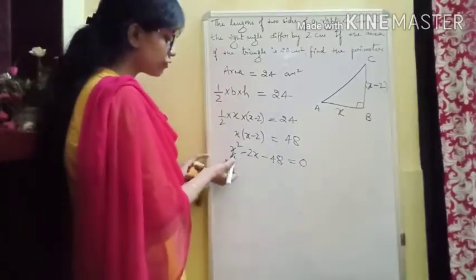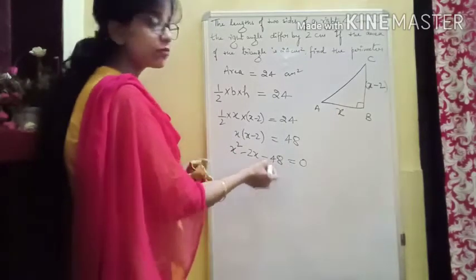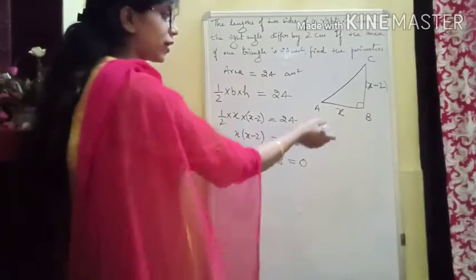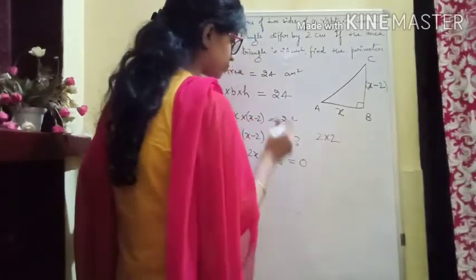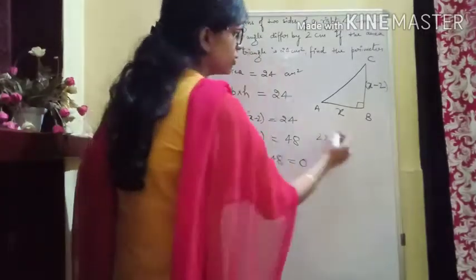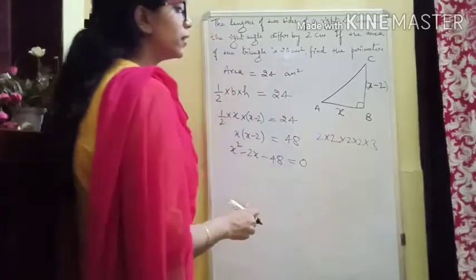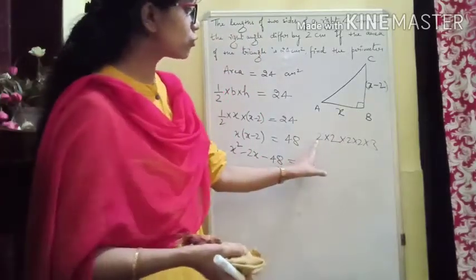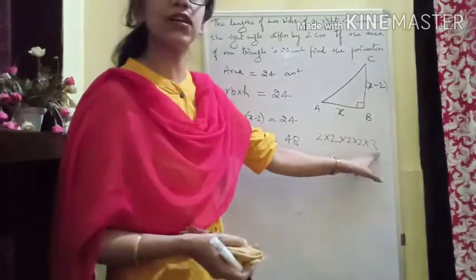Here you see the coefficient of x square is 1 only, and we have this 48 constant term. So what we do, we write the prime factors. I am writing the prime factors here. It will be 2 into 2 into 2 into 2 into 3. So this will give you 48. As you see, 2 into 2 is 4, 4 into 2 is 8, 8 into 2 is 16, 16 into 3 is 48.